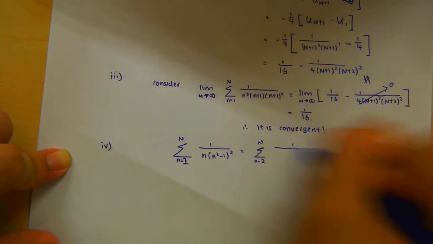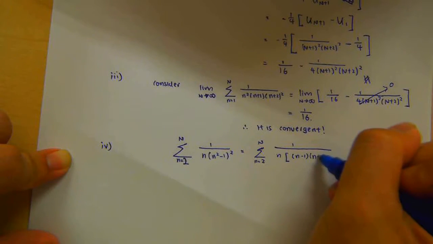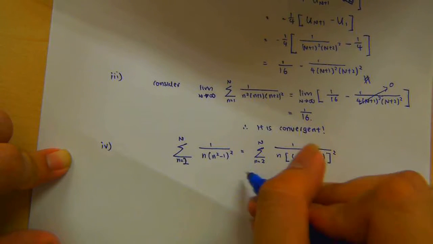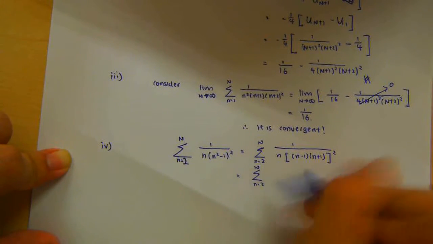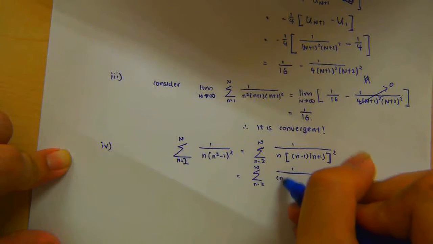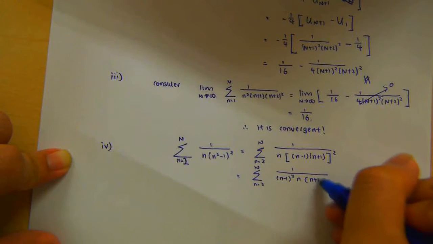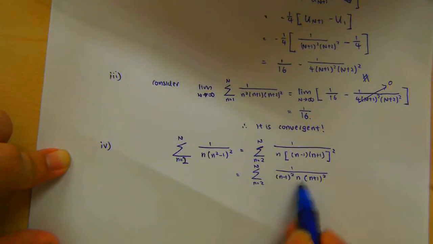So we shall play around with this expression by factorizing the second term in the denominator. Then we shall rearrange this into the same format as that in part 2. So format wise, they are the same. Next, we can compare them.